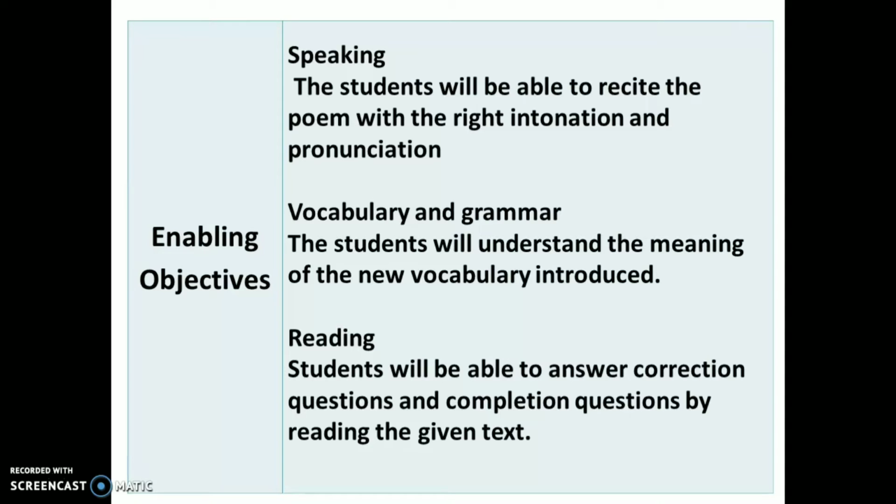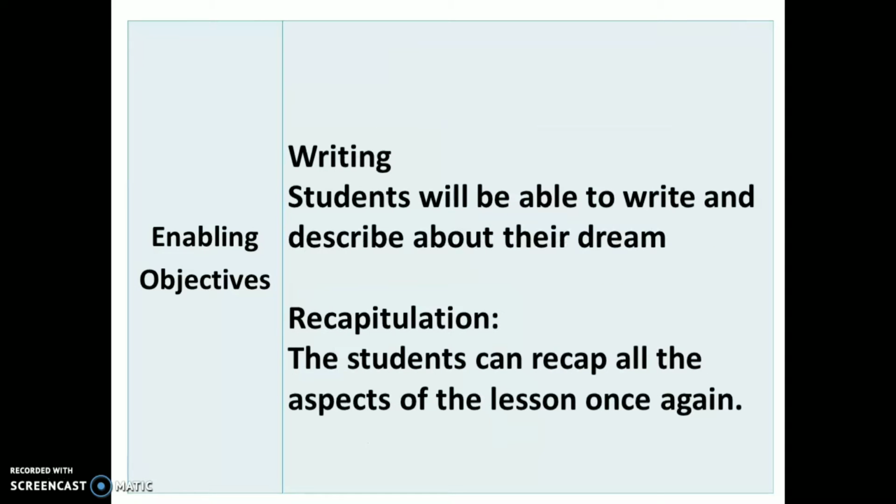Enabling objective of reading: students will be able to answer correction questions and completion questions by reading the given text. Then comes writing. Students will be able to write and describe their dream. Then recapitulation. The students can recap all the aspects of the lesson once again.